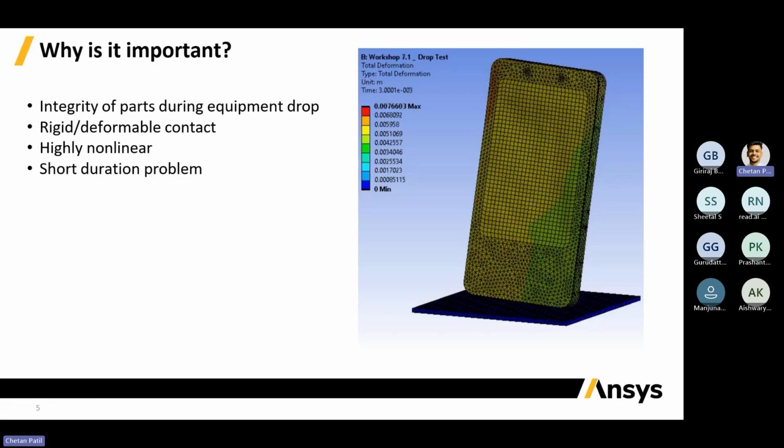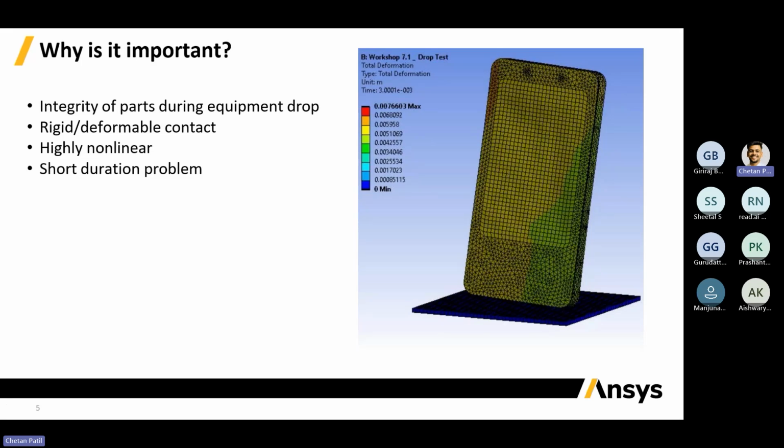We have different kinds of behaviors of the geometries. Some of the bodies might be rigid, some might be deformable. How do we create contacts between such geometries when one body is rigid and one body is flexible, and they are in contact with each other? How those contacts are created, we'll discuss.